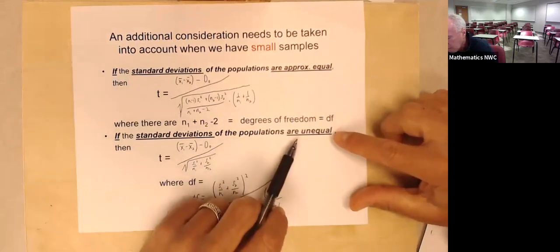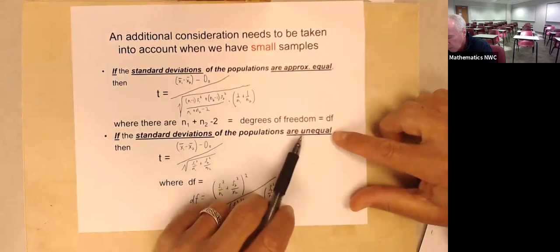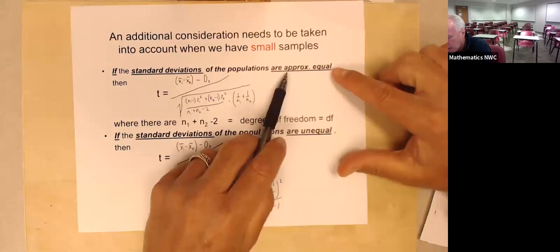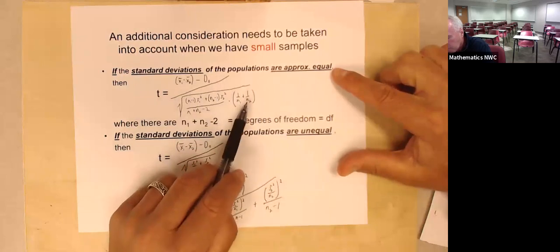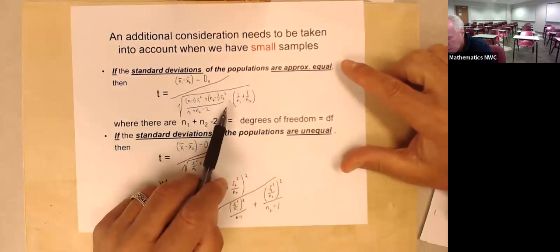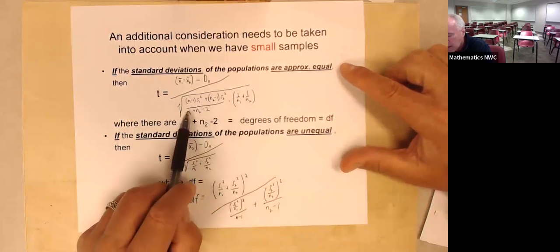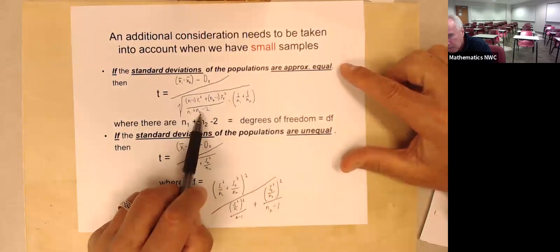Most of the time, the standard deviations are unequal. Once in a while, they are approximately equal. If they are approximately equal, we have a little bit more power in detecting a difference. We say the test is more robust. It has more power in detecting the difference because we're able to get much more sensitive to that difference by this adjusted standard deviation.